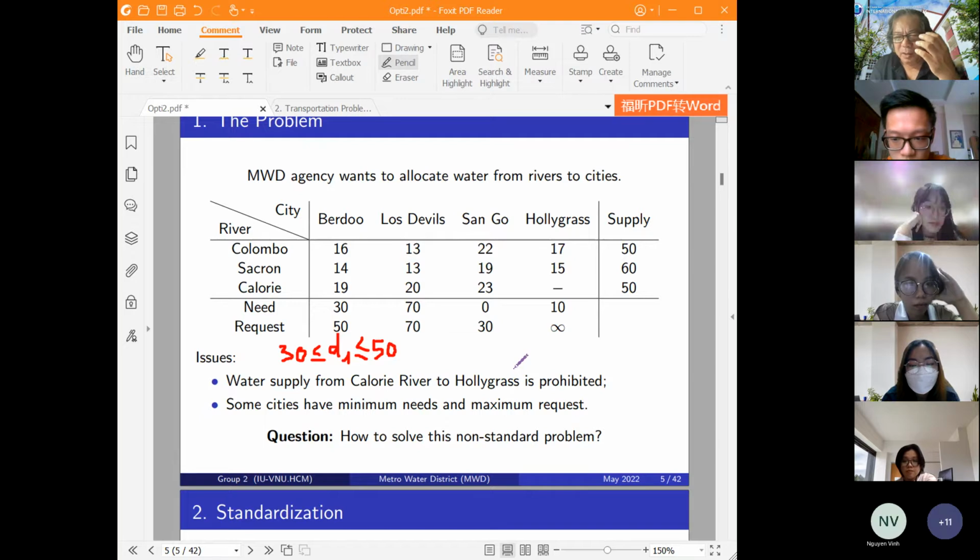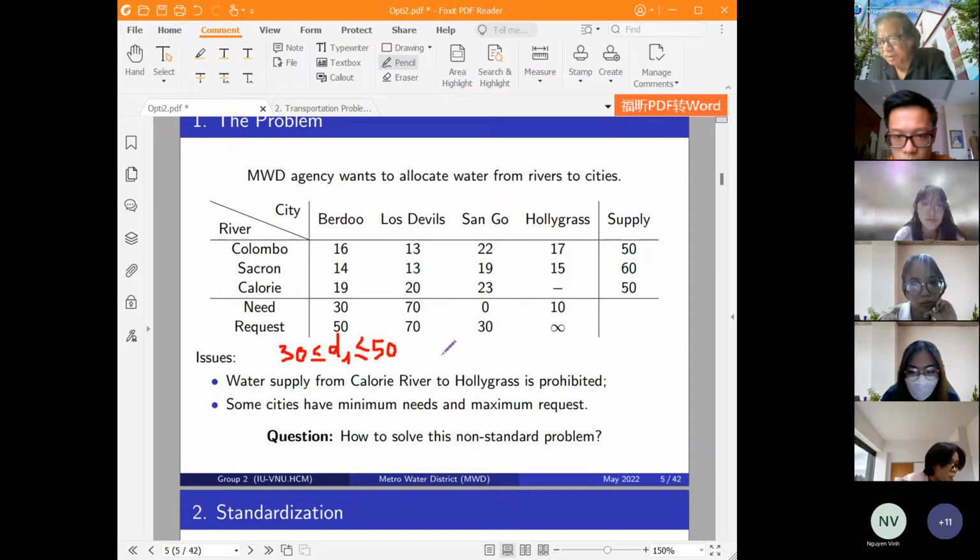So D1 is the real amount of water, the total real water amount supplied to Purdue. Is that okay? Then it's okay. I think you have to not go so fast. Ask your friends in the class whether they understand this.